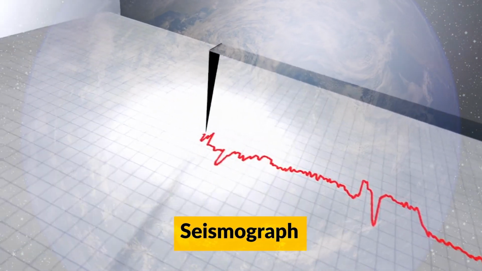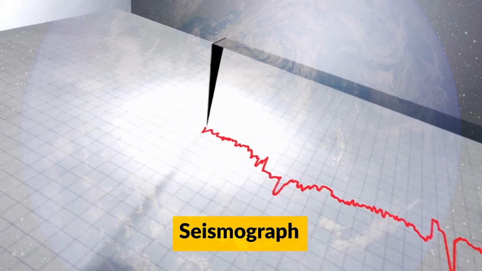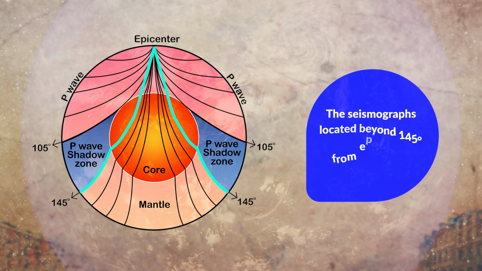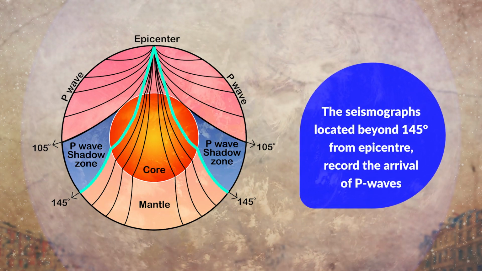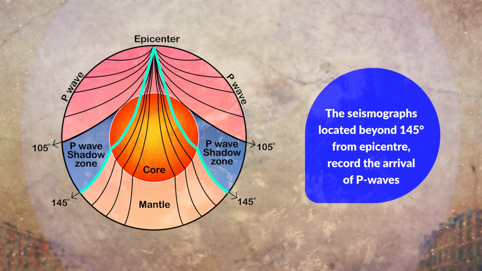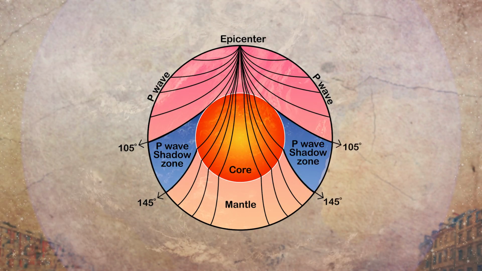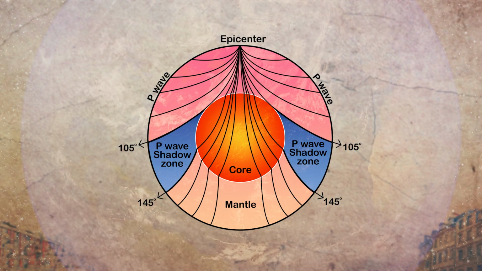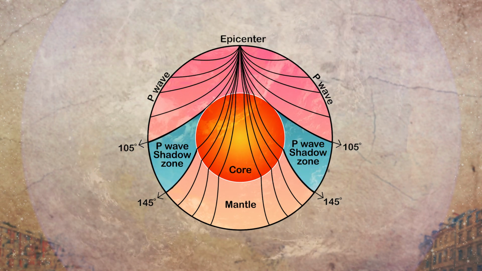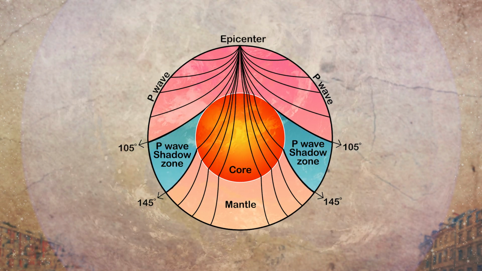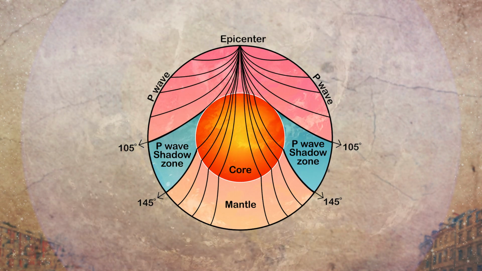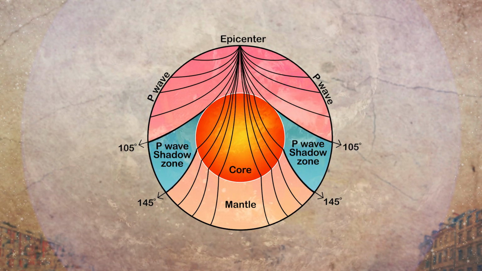However, the seismographs located beyond 145 degrees from epicenter record the arrival of P waves, but not that of the S waves. Thus, a zone between 105 degrees and 145 degrees from epicenter was identified as the shadow zone for both the types of waves.